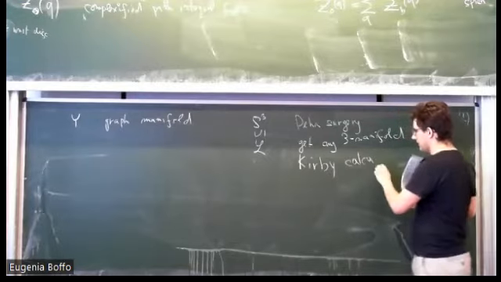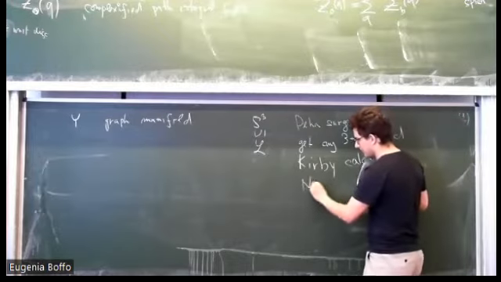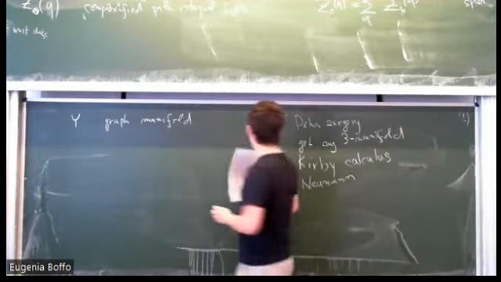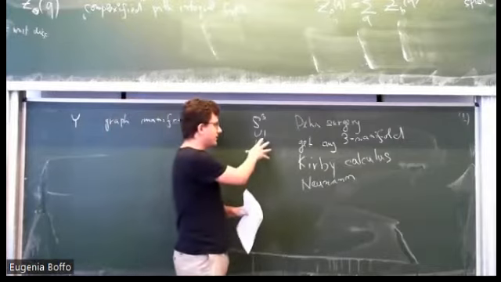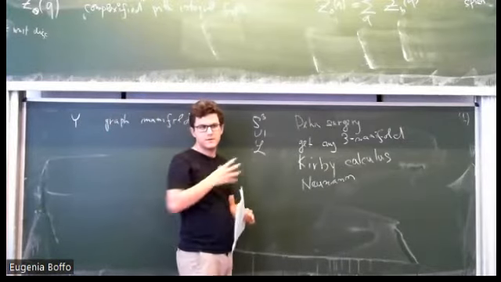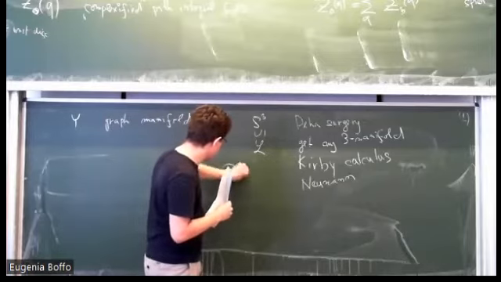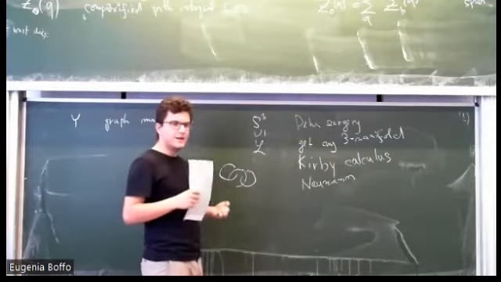But historically, Kirby calculus was related to Neumann's moves, and this is a special case when we only consider links of unknots. So we only consider like this. Okay. So this is easier.